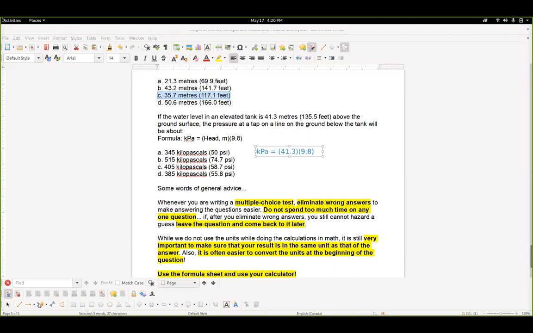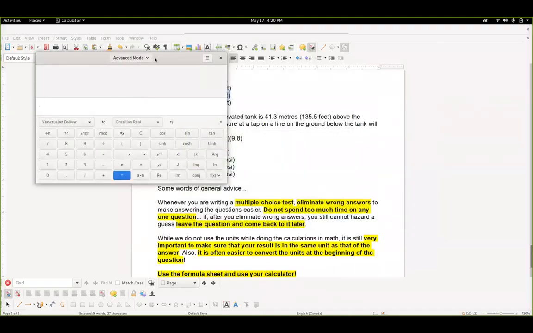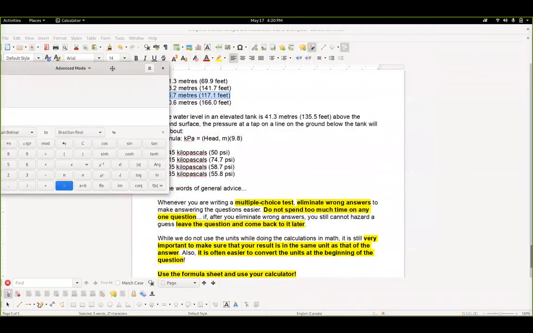Oh, my calculator does not want to cooperate. Just a second. Okay, so I got my calculator up here.